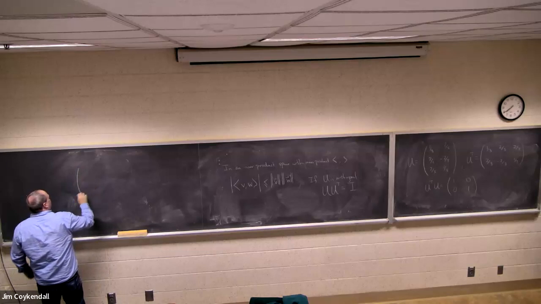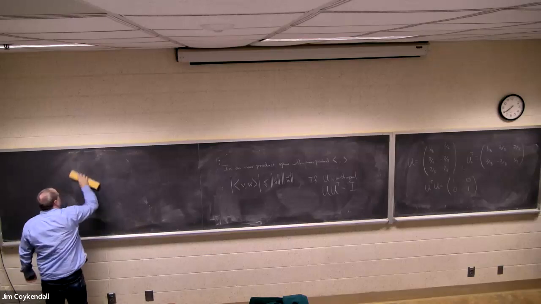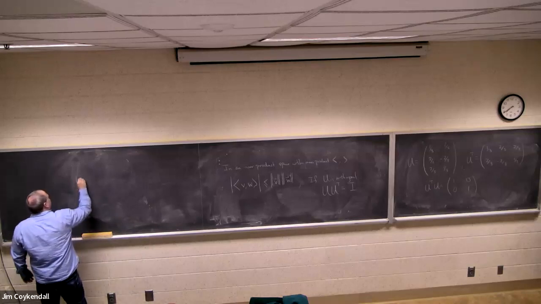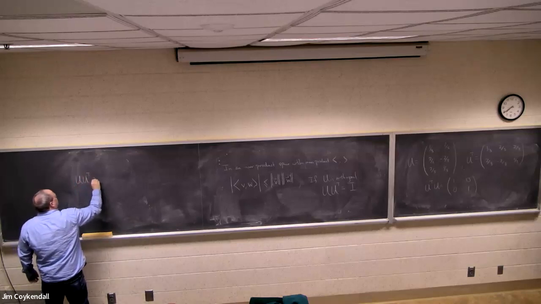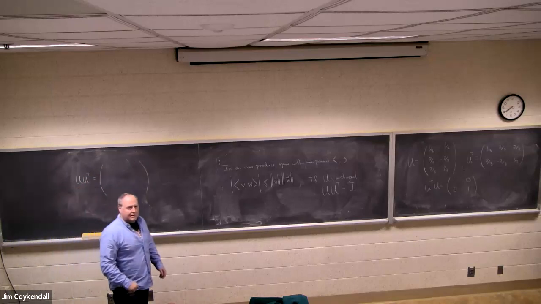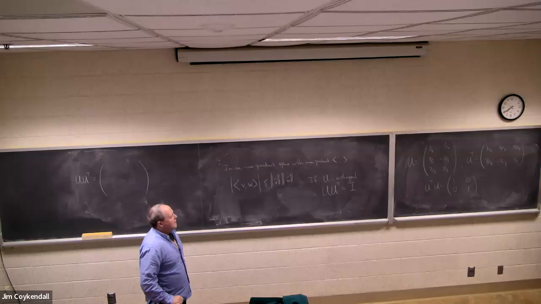Can somebody tell me what's going to happen if I do it in the other order, U times U transpose? What's the size of this going to be? 3 by 3. What's going to happen now? Well, let's see.